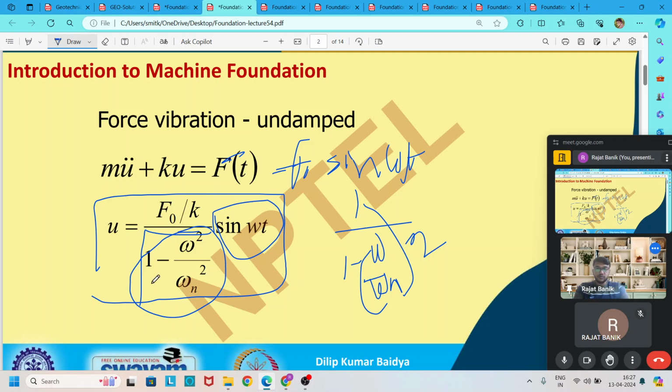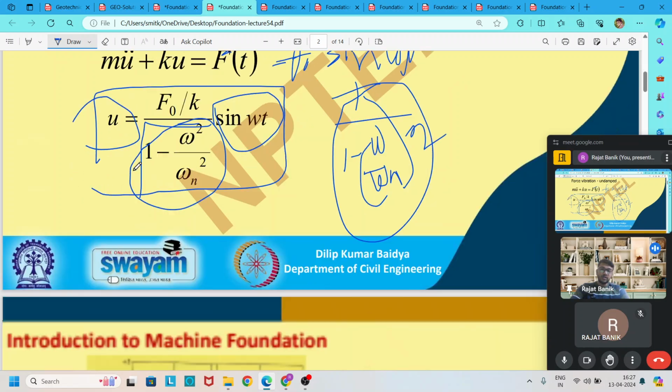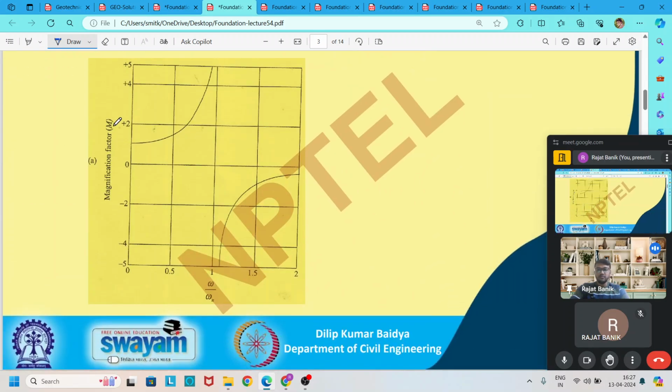This omega by omega n we also call the frequency ratio. And if you plot this magnification factor with the frequency ratio, we get the magnification factor plot.